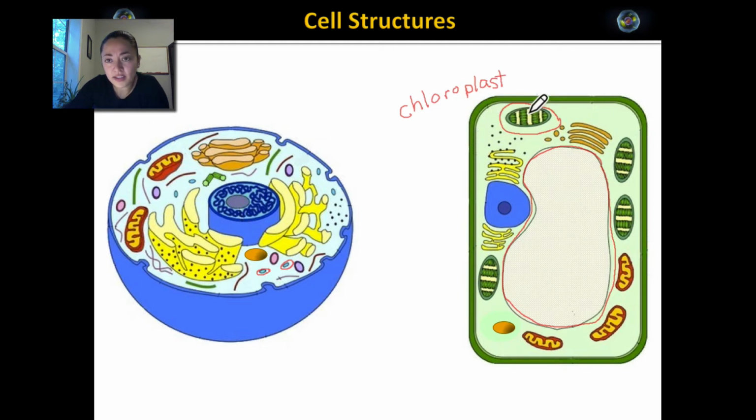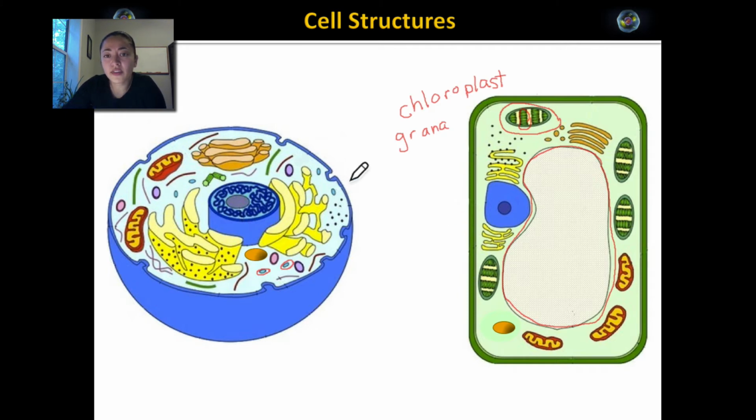In the chloroplast, you can see these stacks here. These are called grana, or granum for singular. I believe granum is the singular for that. And these are important because these are the areas on these stacks that actually absorb solar energy for photosynthesis.